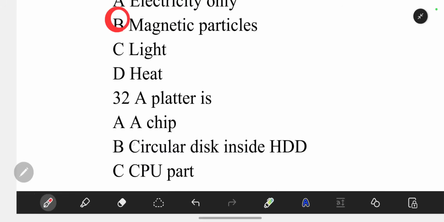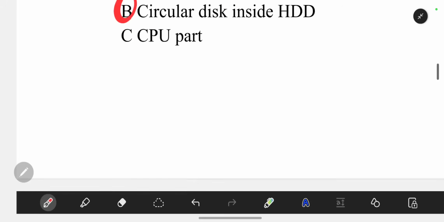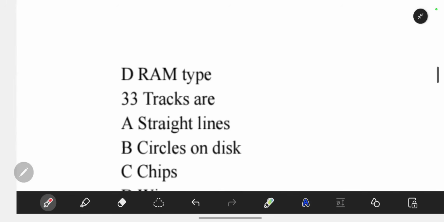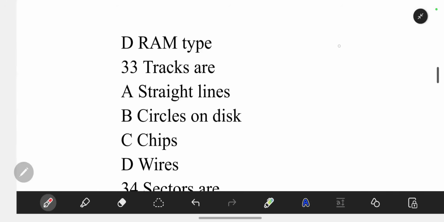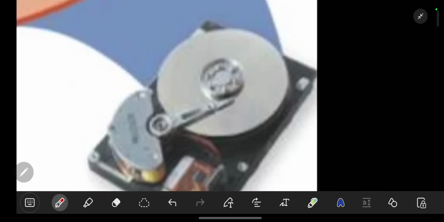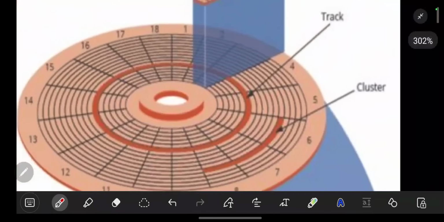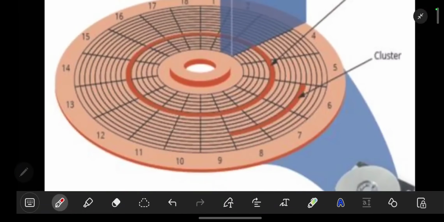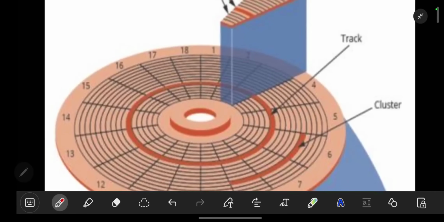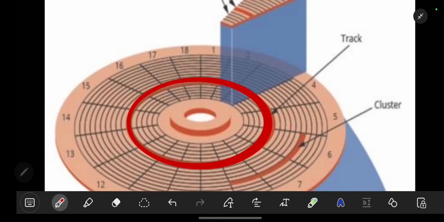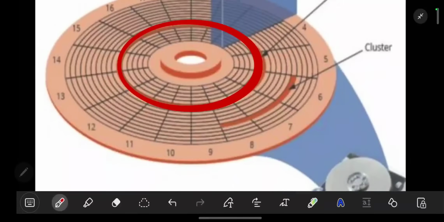A platter, on the other hand, is a circular disk inside the HDD. We are now going to look at other terms such as a track. The hard drive is made up of a platter, which is this whole thing. If it makes a complete circle, we call that complete circle a track.